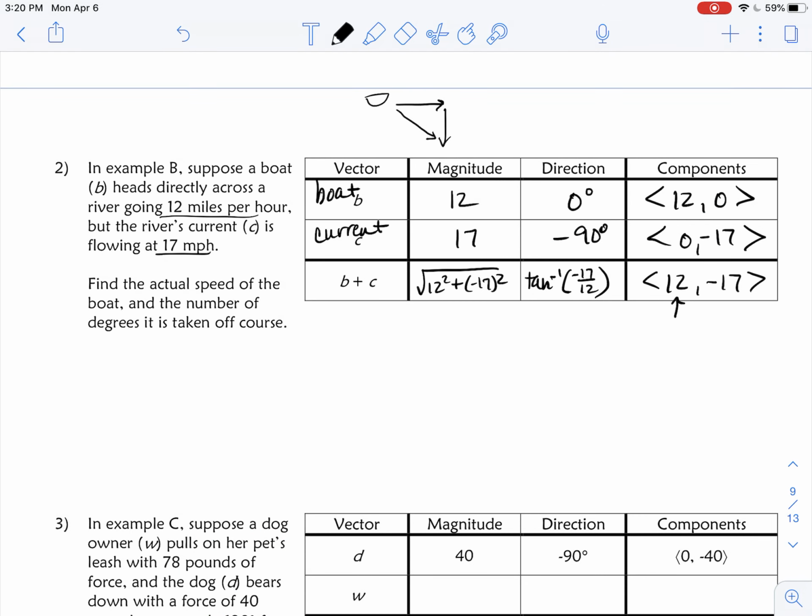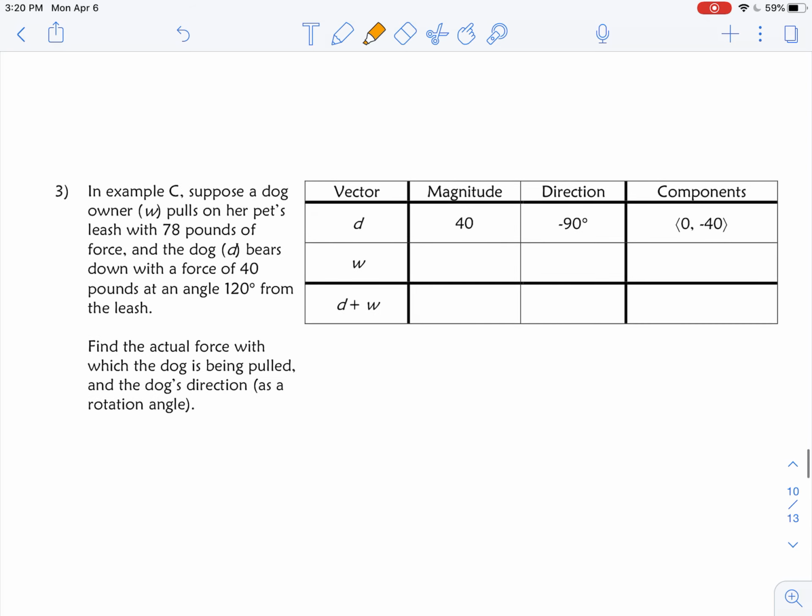And I have a length of 20.8. So my magnitude is 20.8 miles per hour, and my angle was at negative 54.8 degrees. Remember, we're using the chart. This column down, we don't need this stuff anymore, and we work it left.